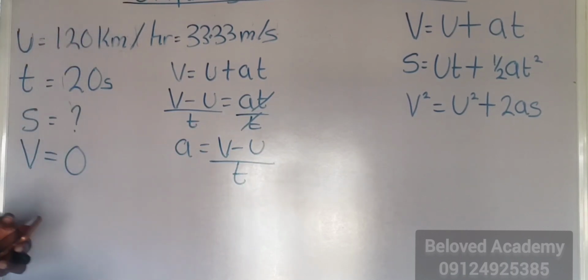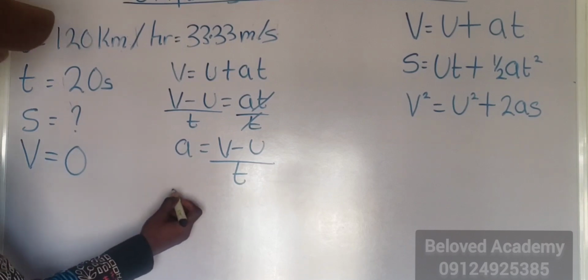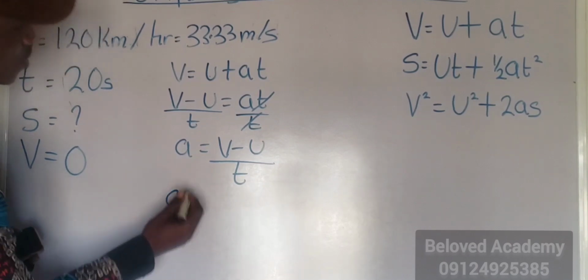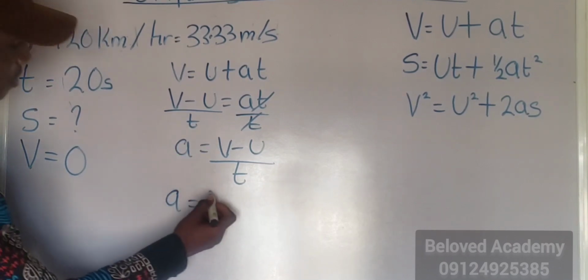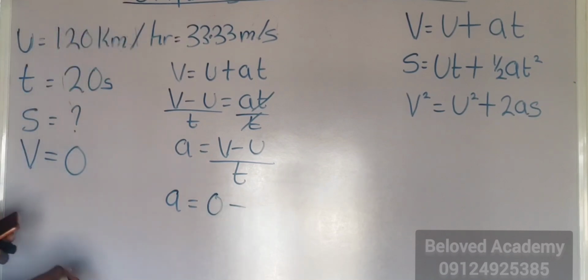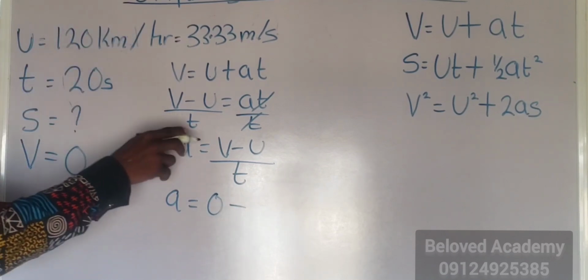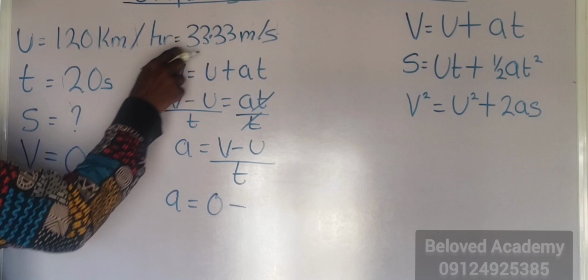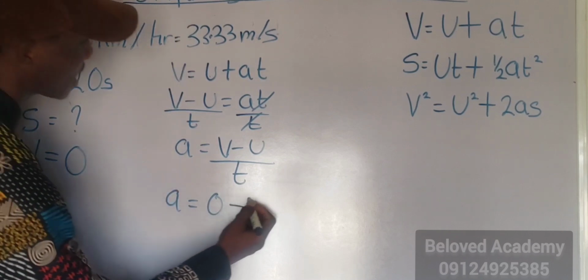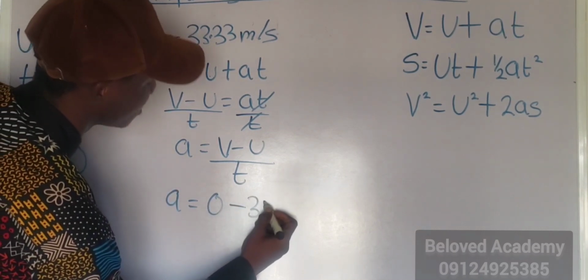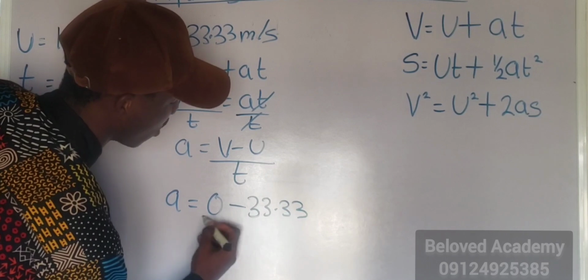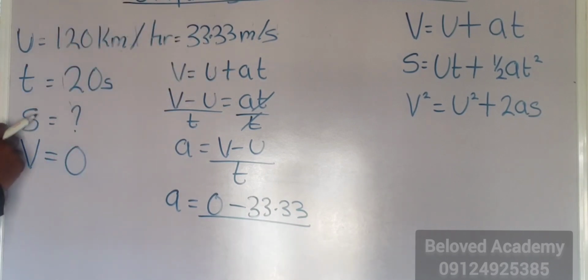Now, acceleration here will be A is equal to V minus U over T. V is 0, so I'm going to have 0 minus U. U is 33.33. So 0 minus 33.33 all over T. T is 20 seconds.